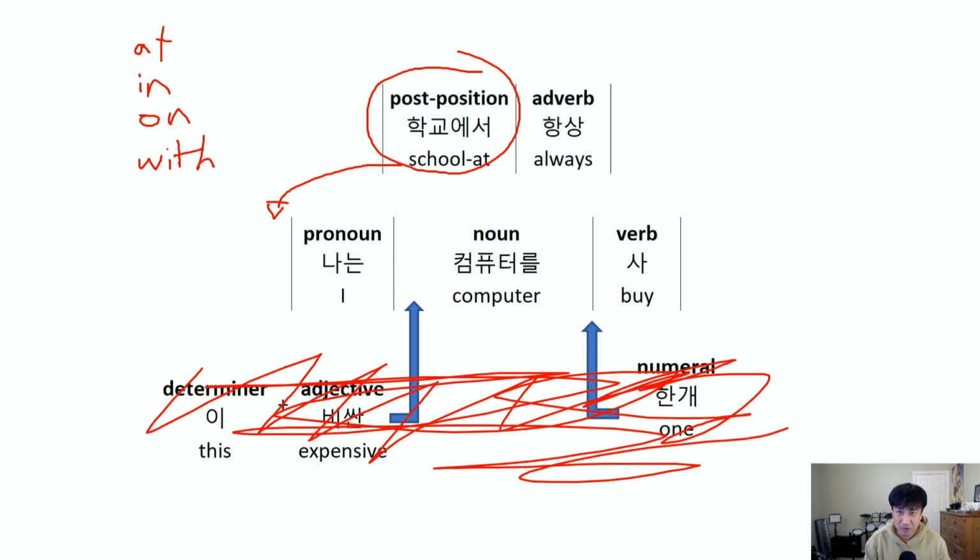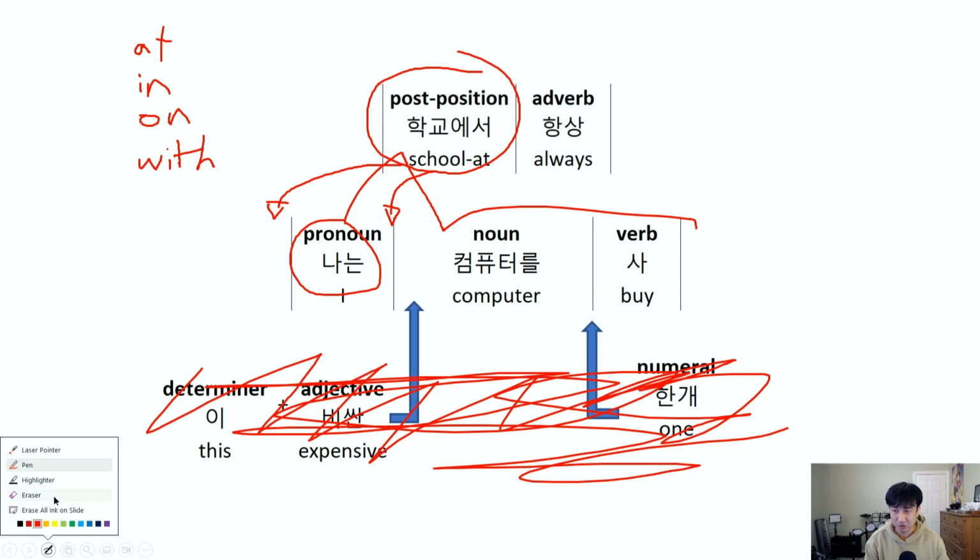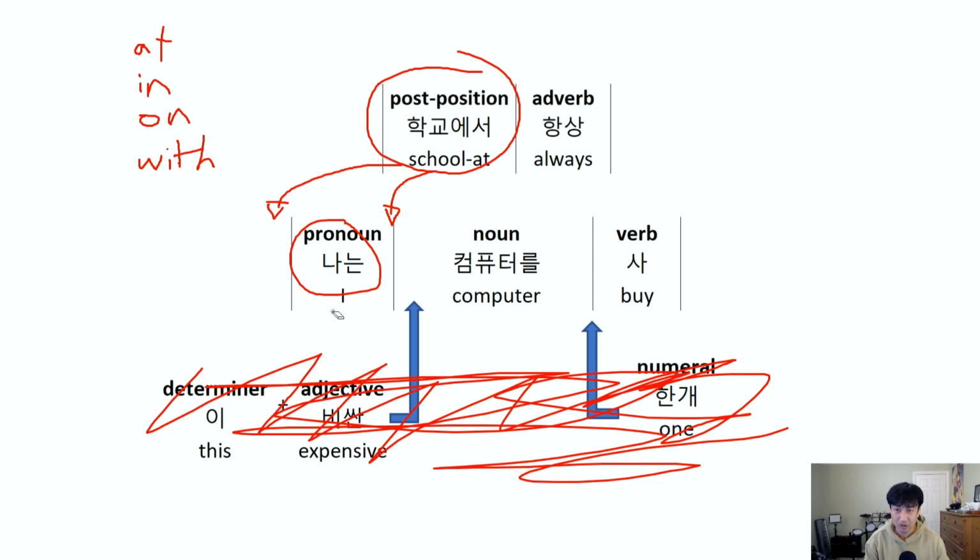You can even put it in between here. It doesn't attach to anything, it just goes in between there. And you'd say "I school at computer buy." It's like I buy computers at school. Or it can even go in between here, but it just can't go in the very back.